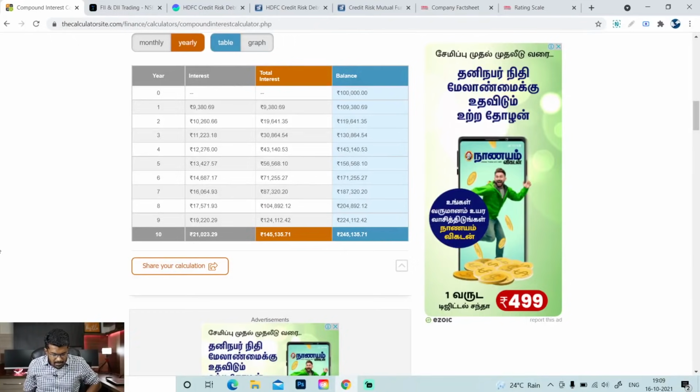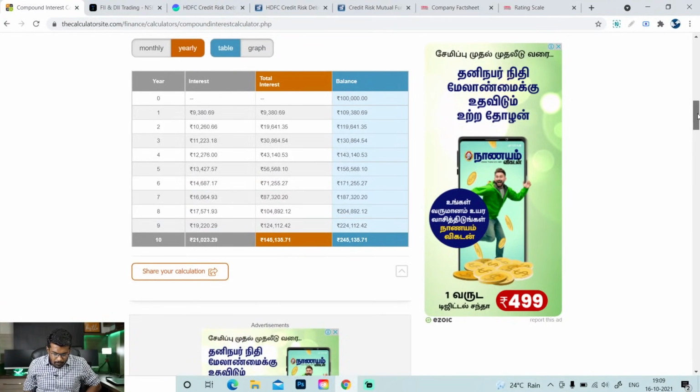At the end of 1 year, the 1 lakh you have invested is going to be 1,05,000. In the second year you have to invest this 1,05,000 in your FD account. You have to keep on doing this without touching it, without breaking the chain, and at the end of, let's say, 10 years your amount is going to be doubled.